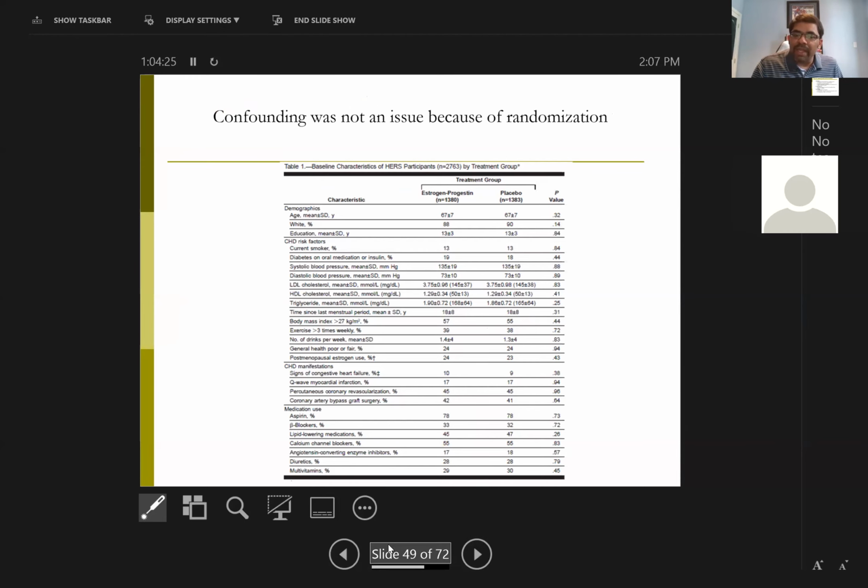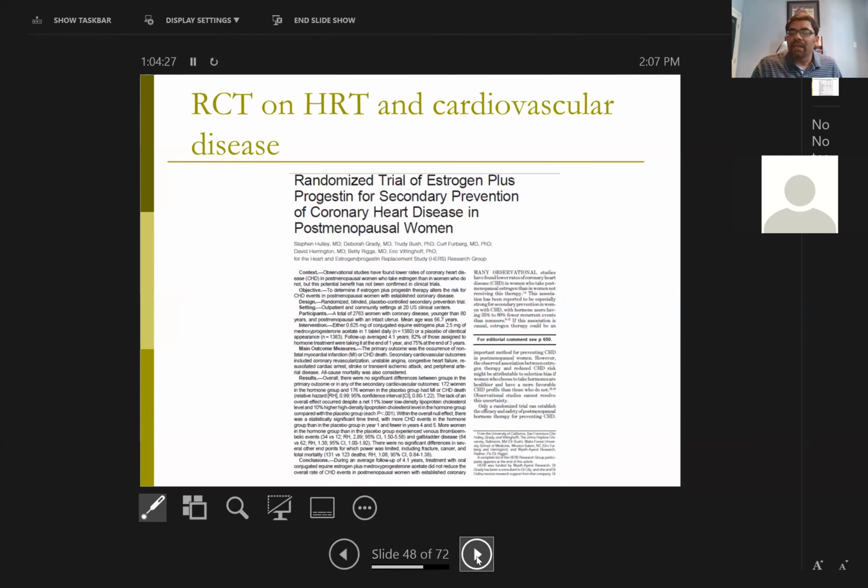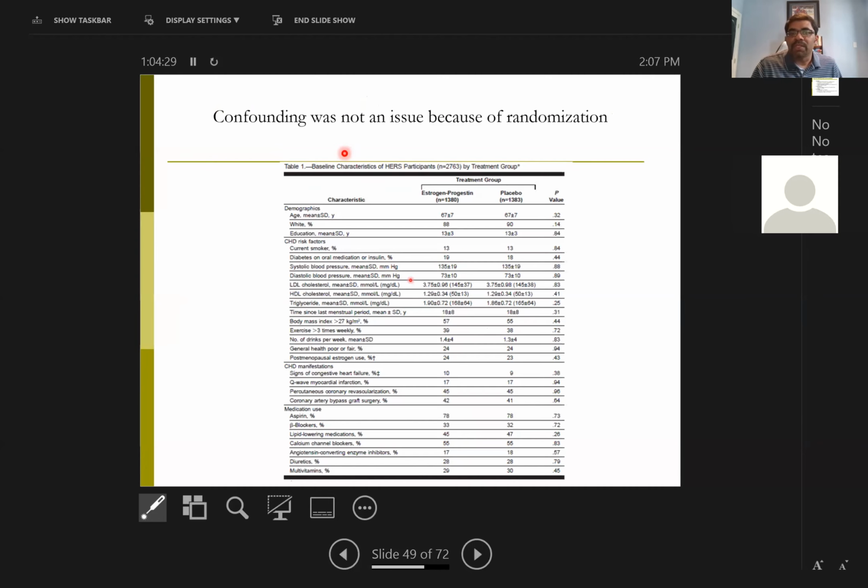And then confounding was absolutely not a concern in the Hearst trial because randomization worked. If you look at the group that got hormones and the group that got placebo, you see a beautiful difference, right? If you thought age was an issue, look at that. 67 years in the hormone group, 67 years in the placebo group.